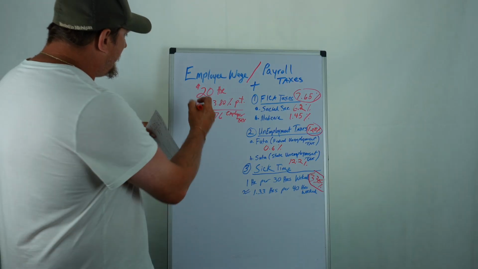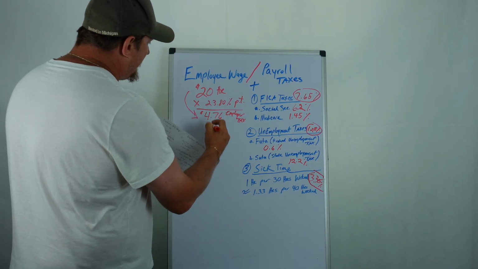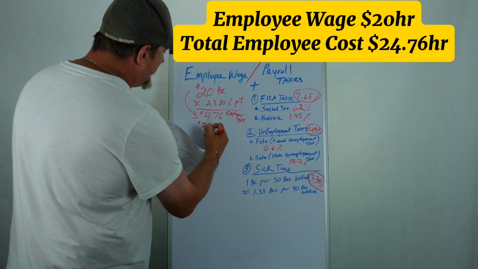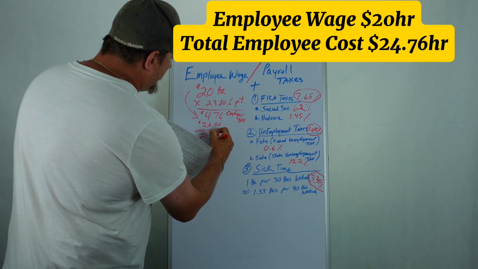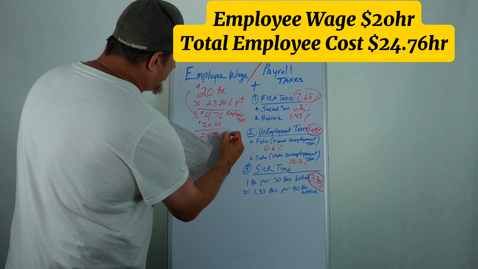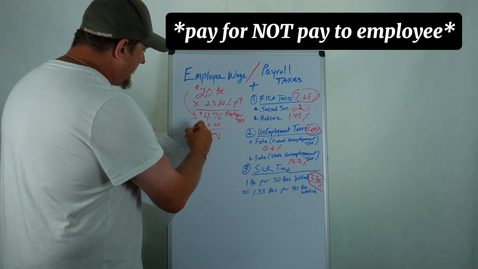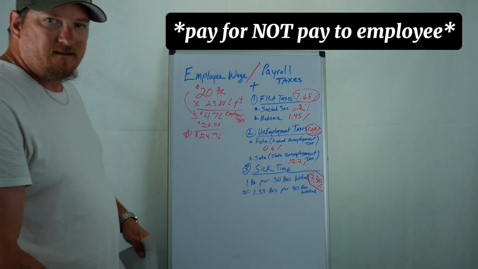Now you add this $20 an hour for the employee, and you come out and it's $24.76 per hour that you actually have to pay your employee.